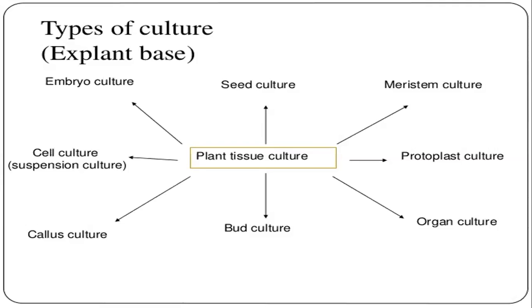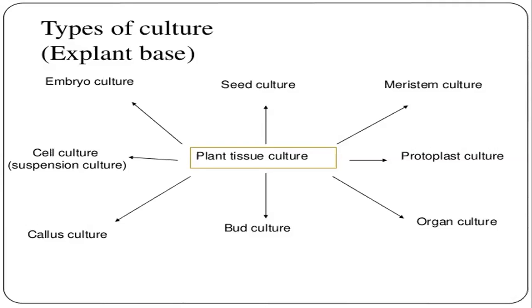Very less, some microns, it may be 5 to 10 microns size of the upper tip region of the plant is mainly used, which contains the meristematic, highly dividing region, where the cell division rate is very much higher, which is used to develop virus free plants.